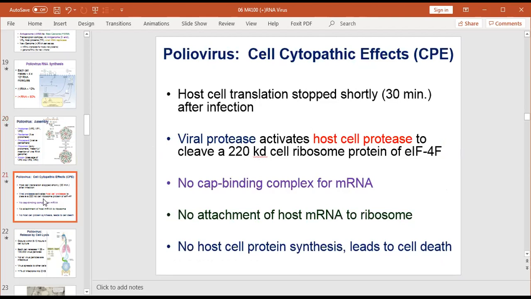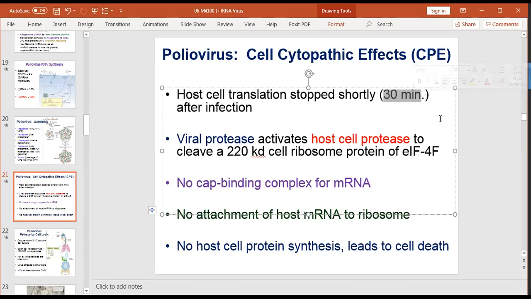So poliovirus after infection causes host cell cytopathic effects, or CPE. And what are these? Very soon after viral infection, host cell translation of proteins will be stopped, usually about 30 minutes, half an hour after poliovirus has successfully infected the host cell.